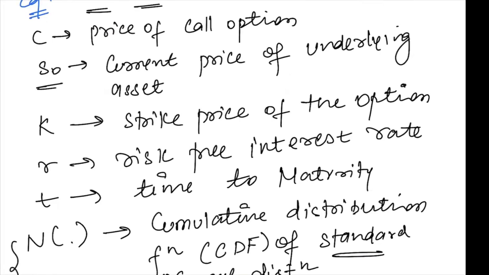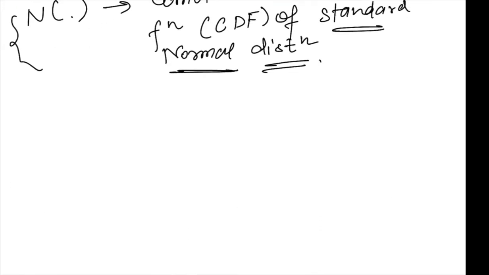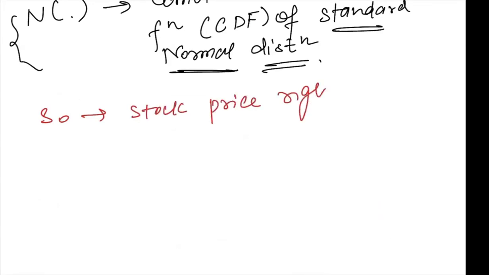So S naught, which is the current price of the underlying asset, which basically means the stock price right now. Okay, K, let me write it here. S is stock price right now. Now I'm giving you a detailed explanation of each term.